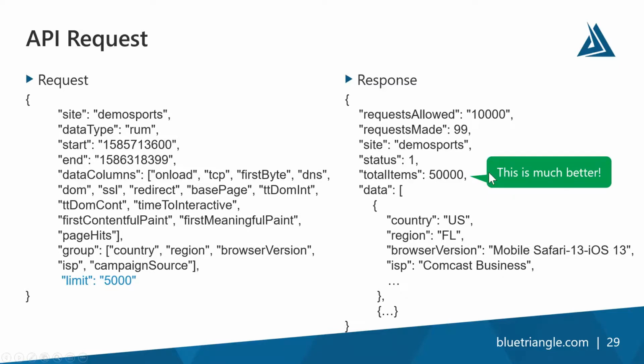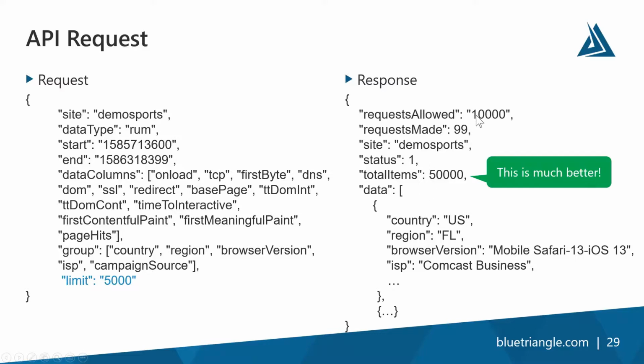You're also able to iterate through the pages of this data if it's really over 50,000. So, instead of 12 different API queries, you can put together this grouping by the right things and use the right data columns to get a really significant amount of data in just a couple of requests.